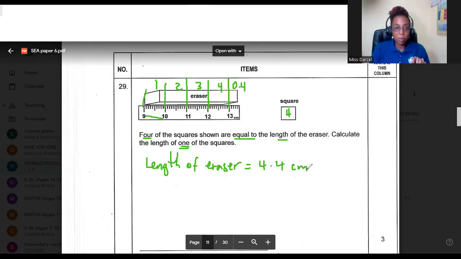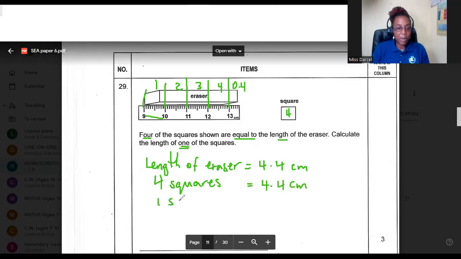There are 4 squares. So 4 squares is equal to the length of the eraser. Yep, that's what it says there. So 4 squares is also equal to 4.4 centimeters.